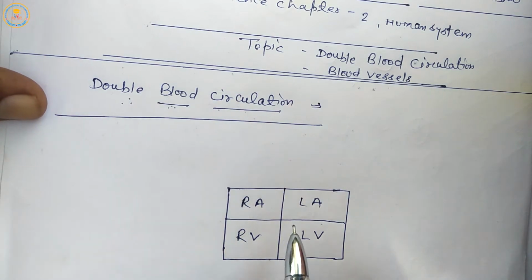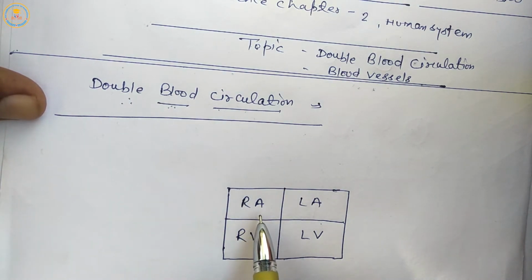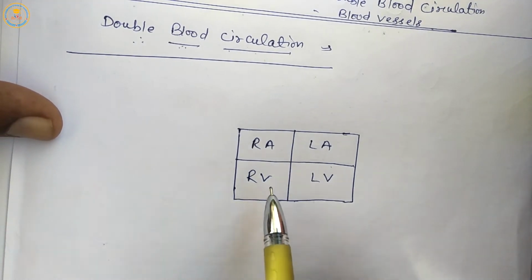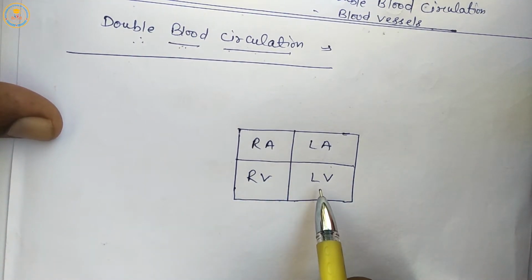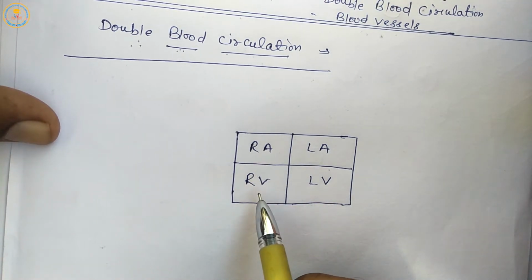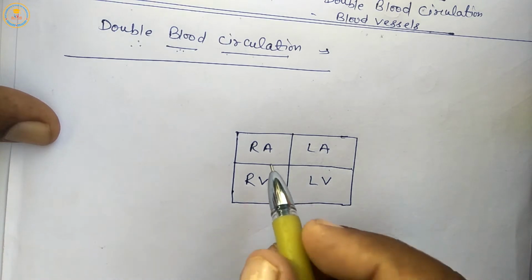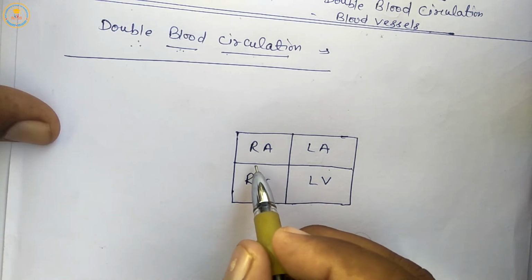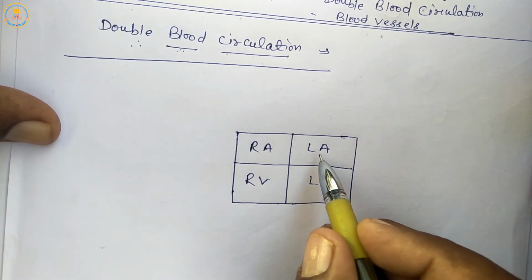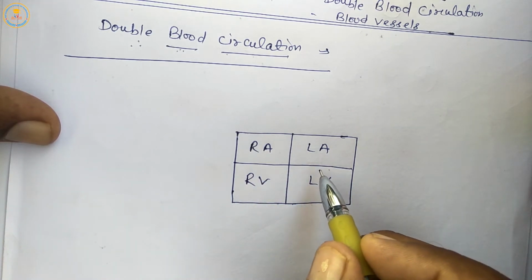Once again, in the upper side of the heart are located atrium or auricle, in right upper side right auricle, left upper side left auricle, in lower right side right ventricle, in lower left side left ventricle. Students, right auricle and right ventricle are separated by a specific septum.